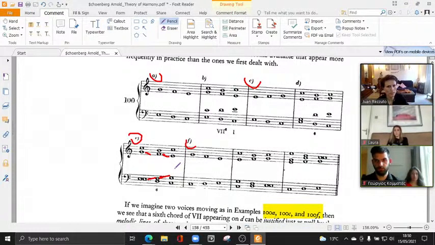So this F that was supposed to go to the E resolving down, now it's not going there. For example, let me see example B. What do you see? The same case, just with chords.